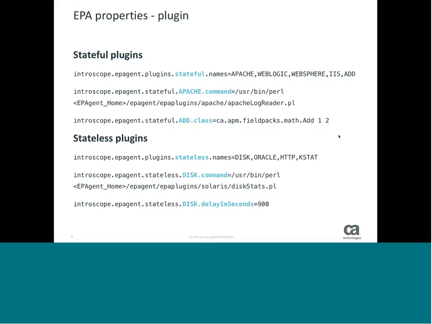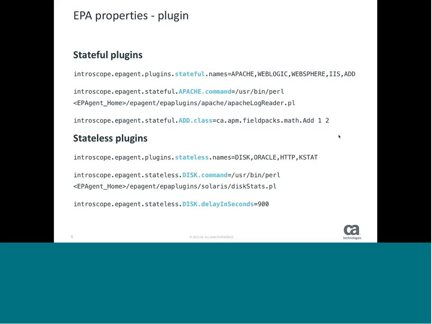And just make sure that the class path to this jar or this class file and everything else you need is in the class path of the EPAgent when you start it. So you might have to add it to the startup script.